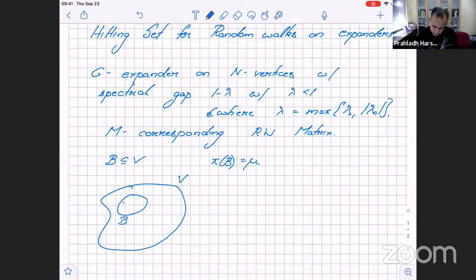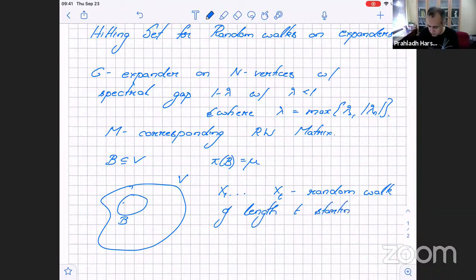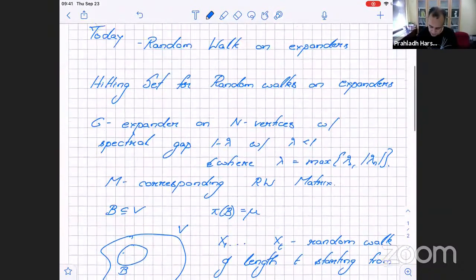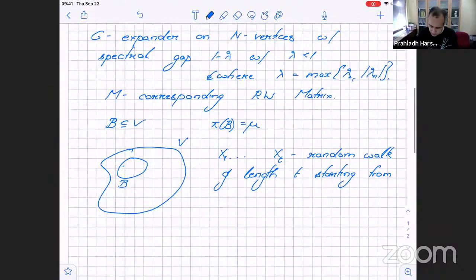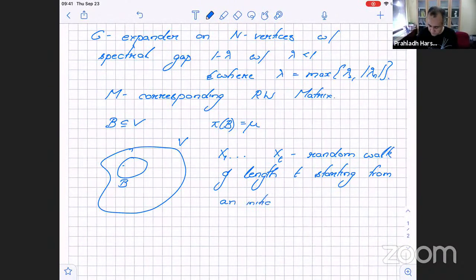And let x1, ..., xt be a random walk of length t, starting from the initial vertex x1, which is itself sampled from the stationary distribution.